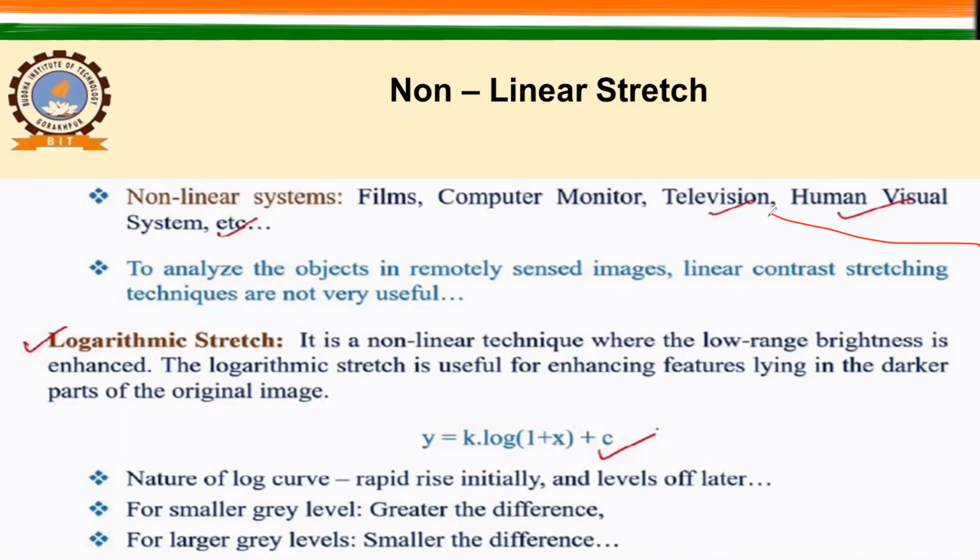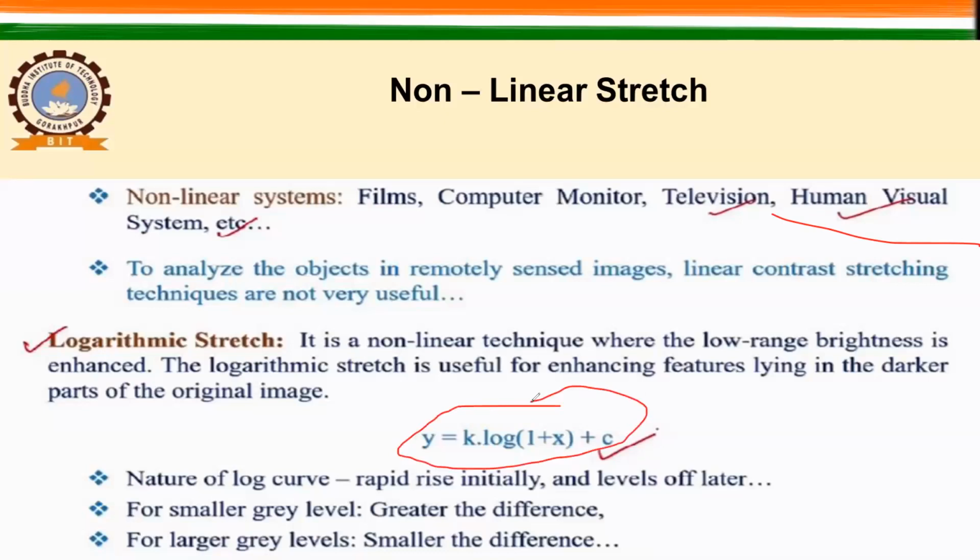where the low range brightness is enhanced. The logarithmic stretch is useful for enhancing the features lying in the darker parts of the original image. So basically, if you want to identify some features which are in the darker area, then logarithmic stretches are useful.